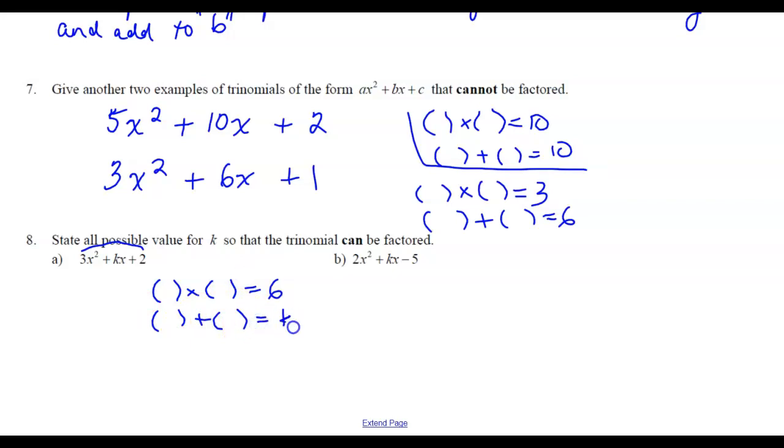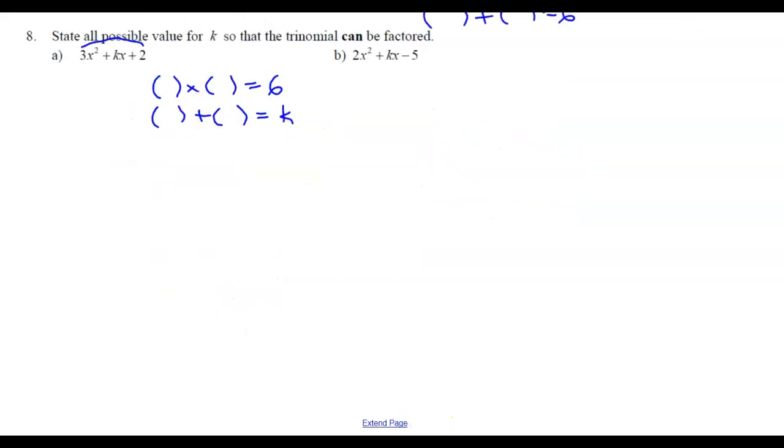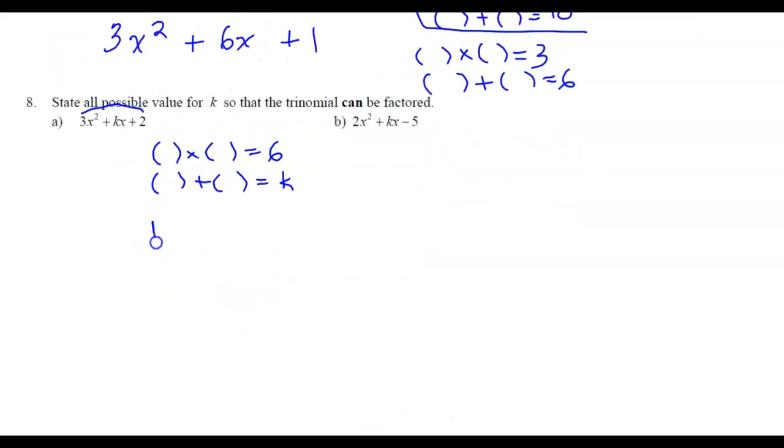In this case, we have to find all the possible k values, that's a hint, there might be more than one. So factors, we always start with factors. Factors of 6. Well, what are they? They could be 1 and 6, 2 and 3. Are there any others if we consider negatives that multiply to positive 6?